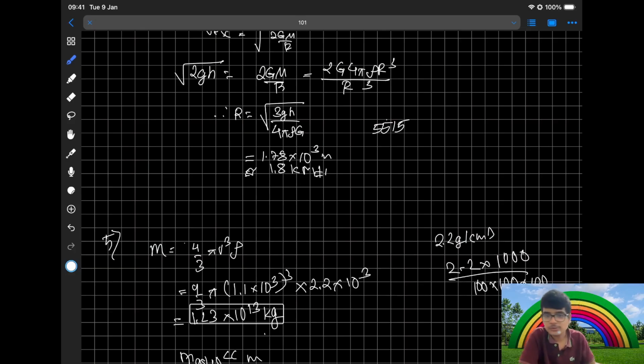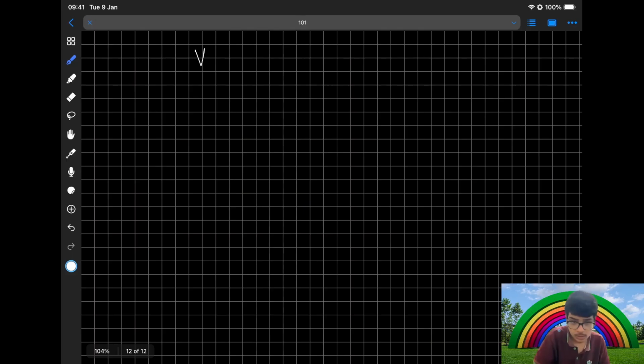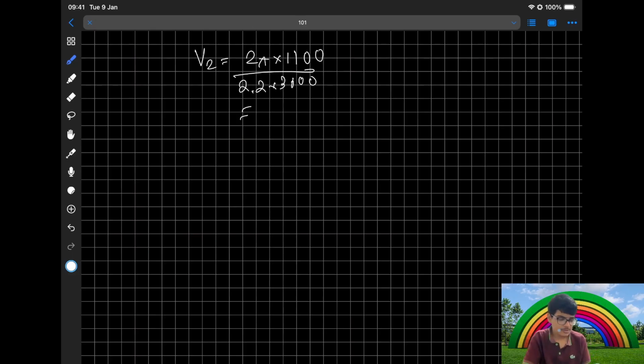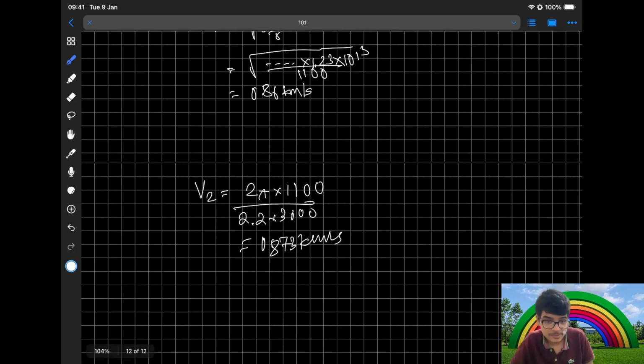If the astronaut wants to complete a circle along the equator of the asteroid on foot in 2.2 hours, not orbit but walk, then we will have this v2 as 2 pi times 1100 divided by 2 times 3600. And this will come approximately equal to 0.86 kilometers per second, right?